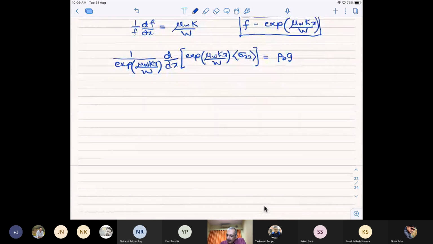Now I can take the integrating factor on the other side and integrate it.